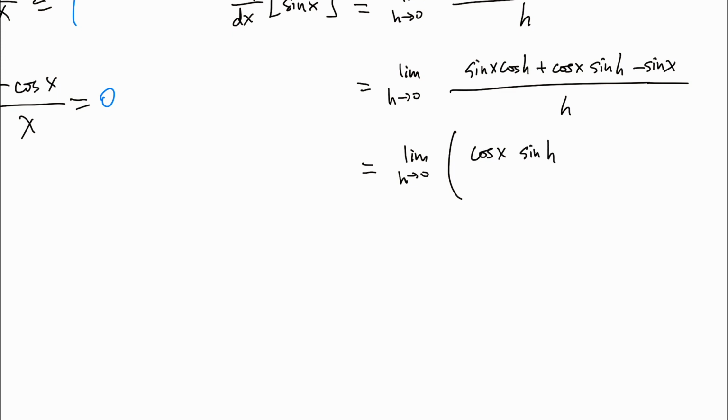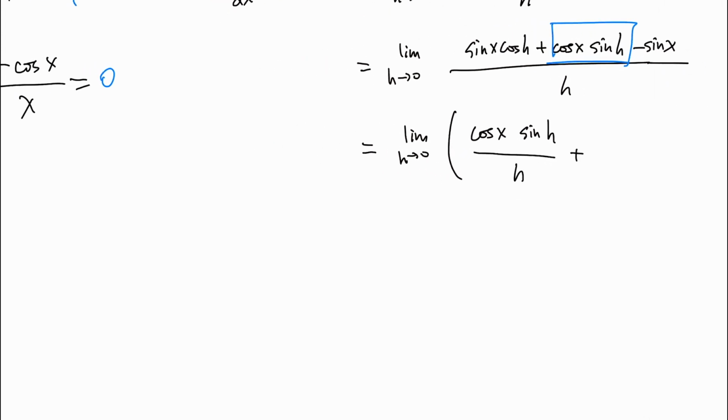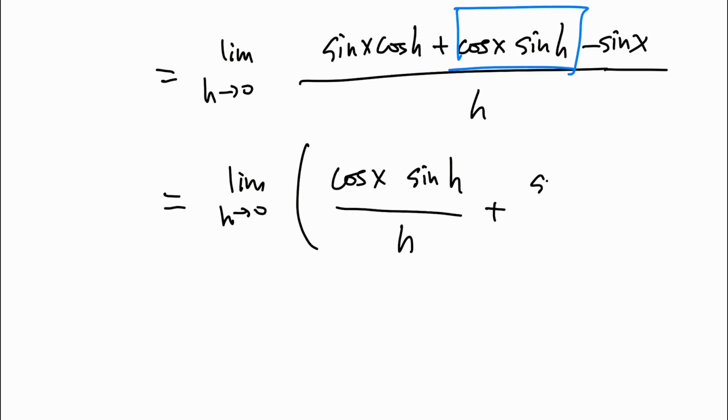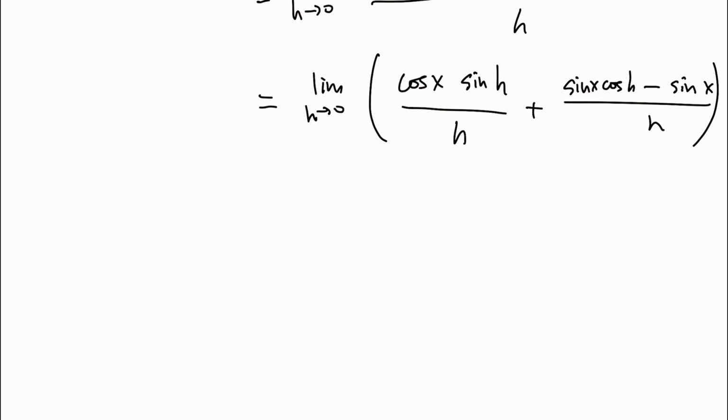And that is equal to the limit as h approaches 0 of cosine x sine h over h, so we basically get this part out in front, plus the rest that we have, which is sine x cosine h minus sine x over h. Then we can simplify it even more. So let's separate these using the identity of limits.